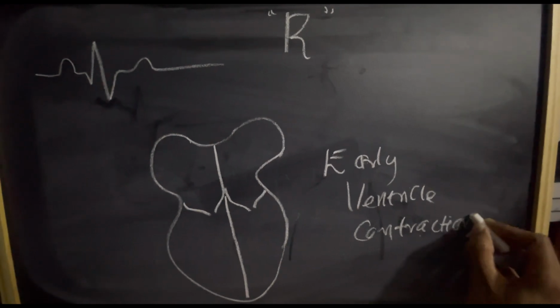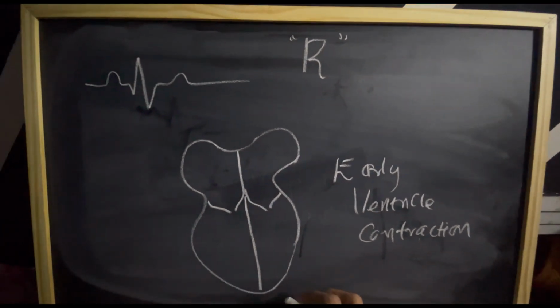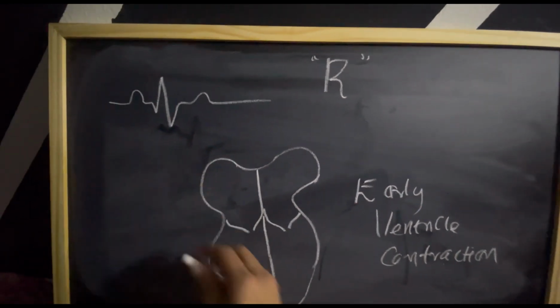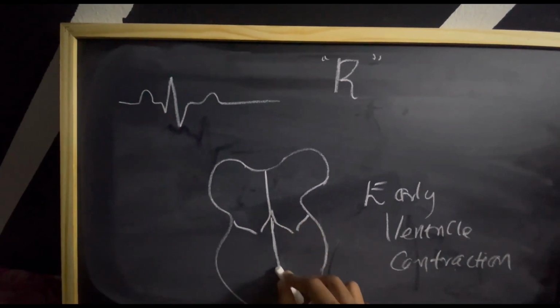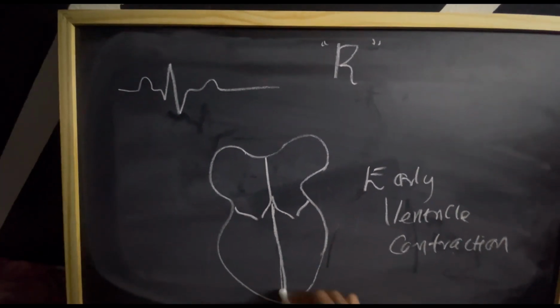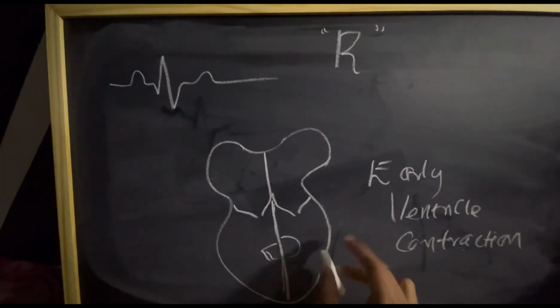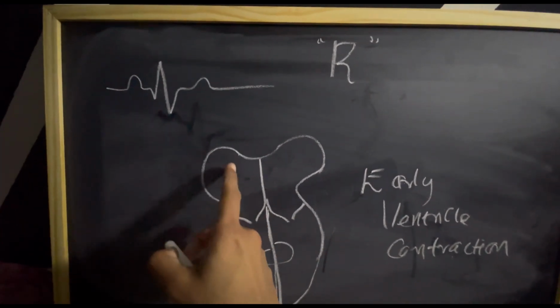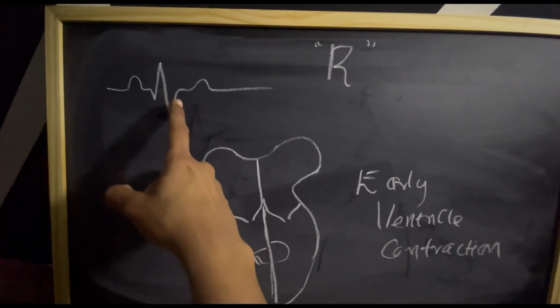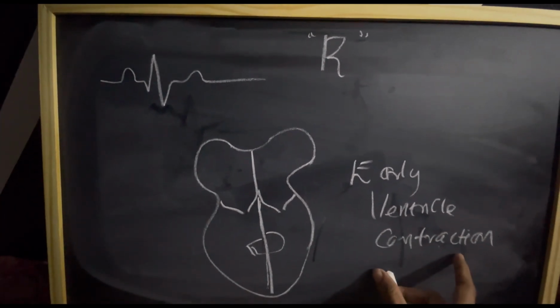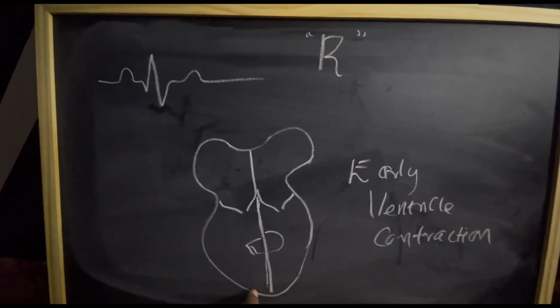When the ventricle is contracting, the first phase, the Q wave, represents the septal contraction from the left to the right side. The R wave represents the early depolarization or early contraction of the ventricles.